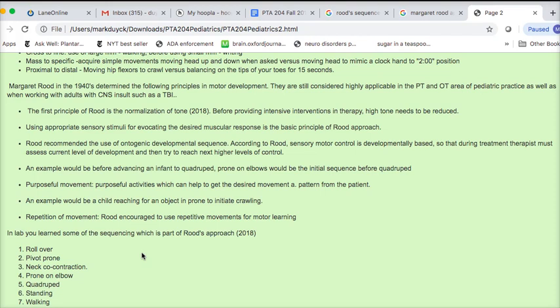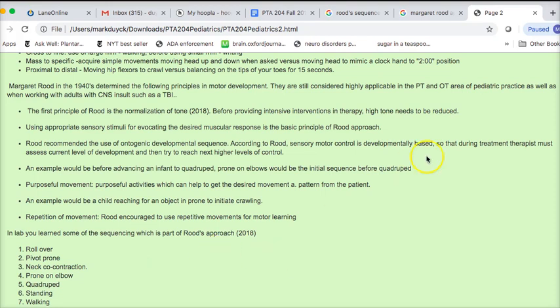And you can use the appropriate stimuli for evoking the desired response. So stroking, for example, if someone is low tone, you would use to increase tone as one way, or joint approximation as you've learned in lab.